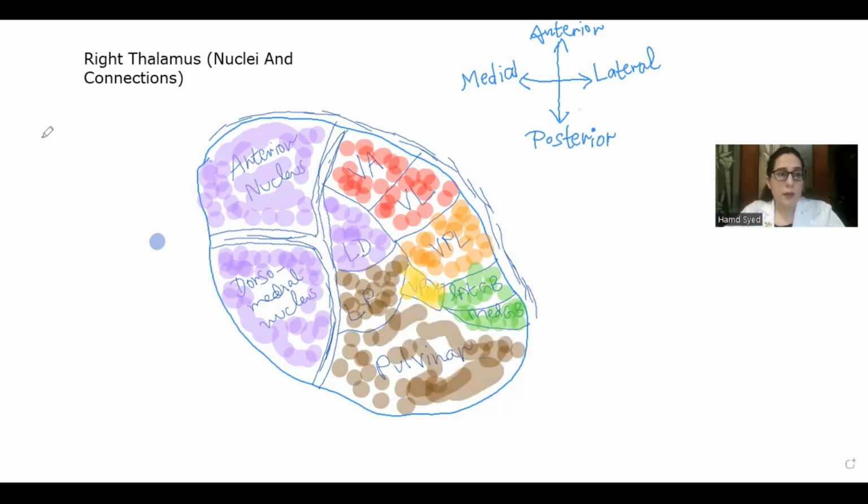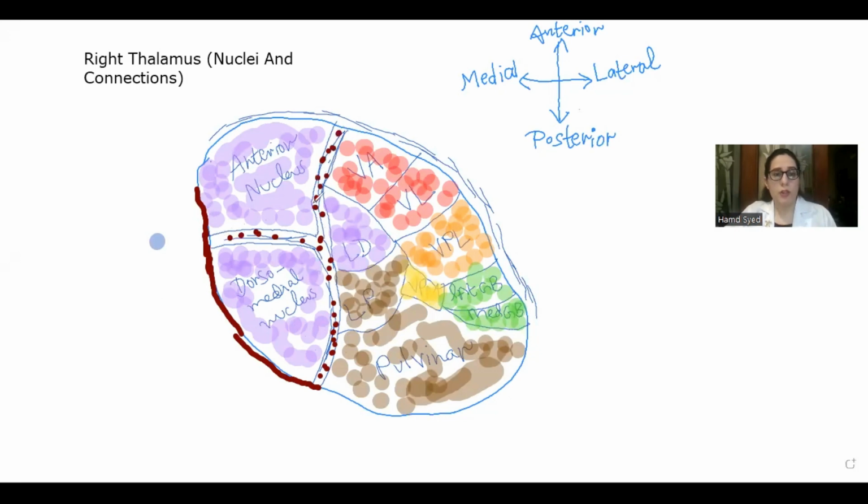Also, let's look at the other function of the thalamus. If we recall, we mentioned the function which is related to sleep and wakefulness. Well, for that, remember that the area which is known as the interthalamic adhesion, which is present on the medial aspect of thalamus, consists of several nuclei or neurons, and also nuclei are present over here in the internal medullary lamina.